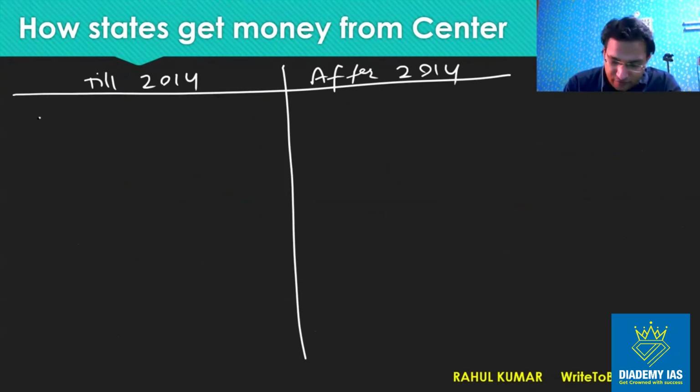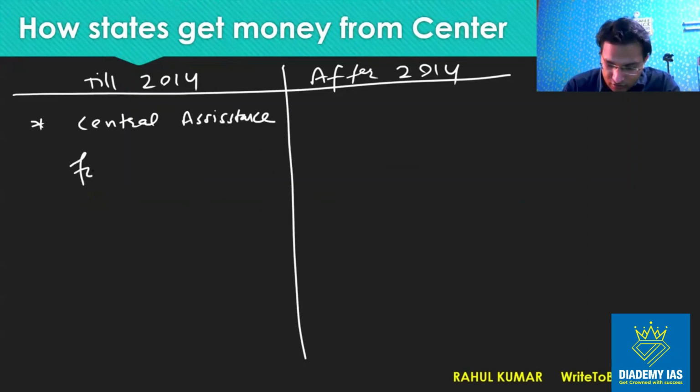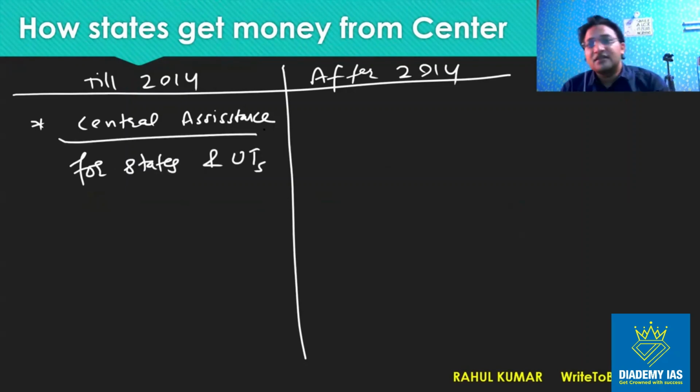there used to be one major thing which is called central assistance for states and UTs. So what is this central assistance? Basically, state governments have their own budget, which is separate from the central budget.